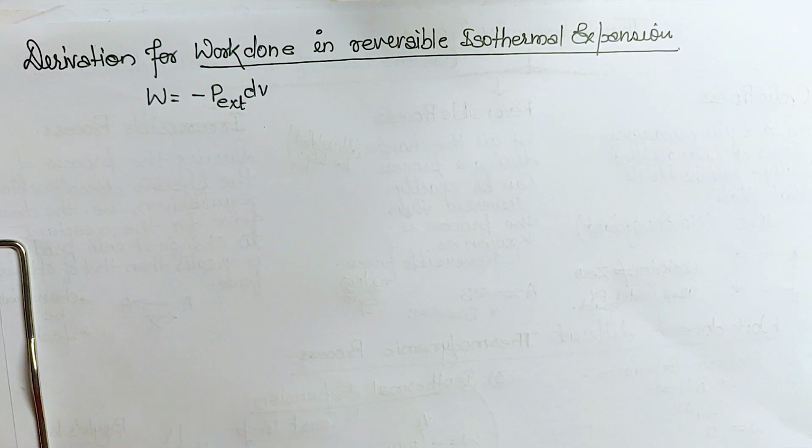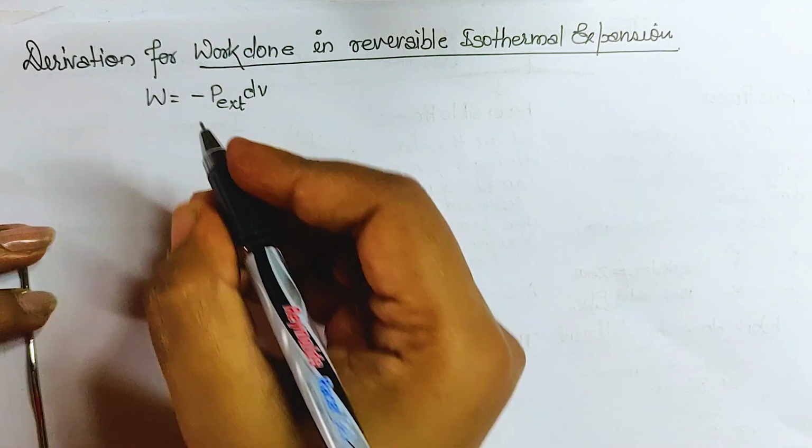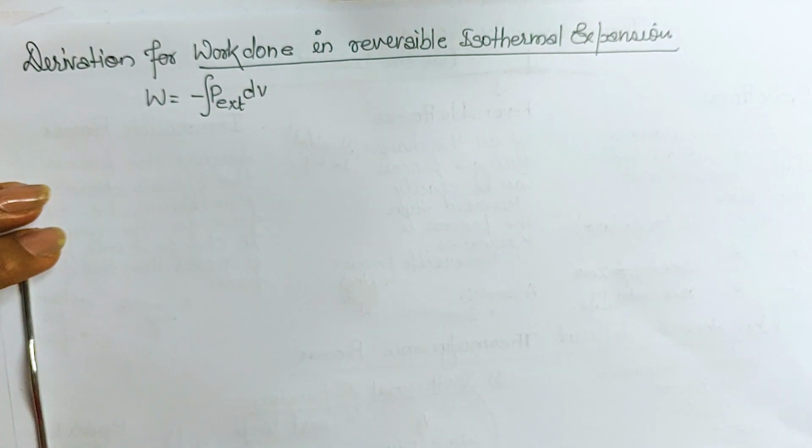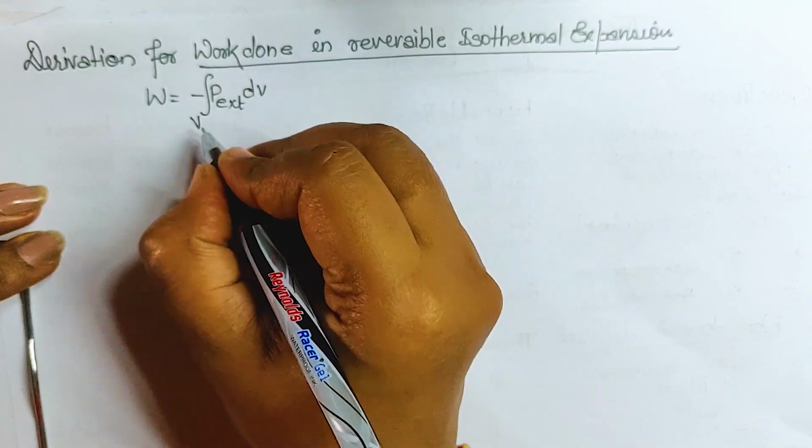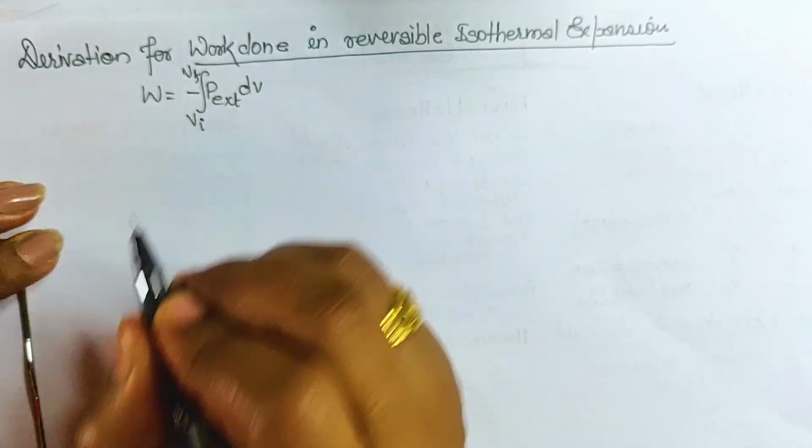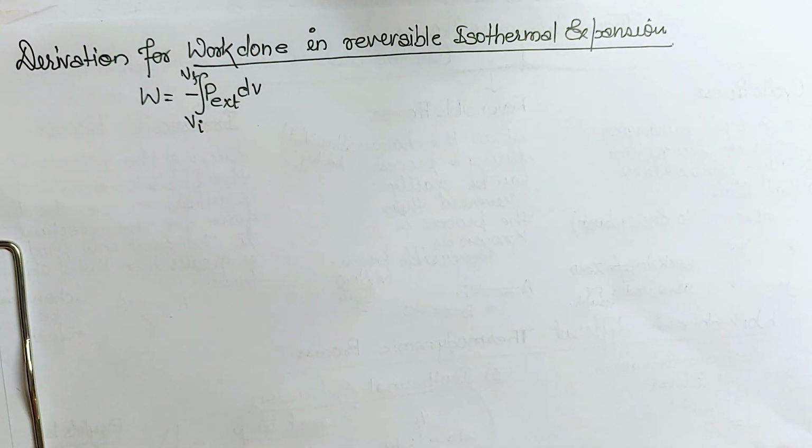So for getting the total work done in the whole change, we have to integrate all these small changes, all these small work done. For this we will use the integration sign, and the limits will be V initial and V final. Got it here?